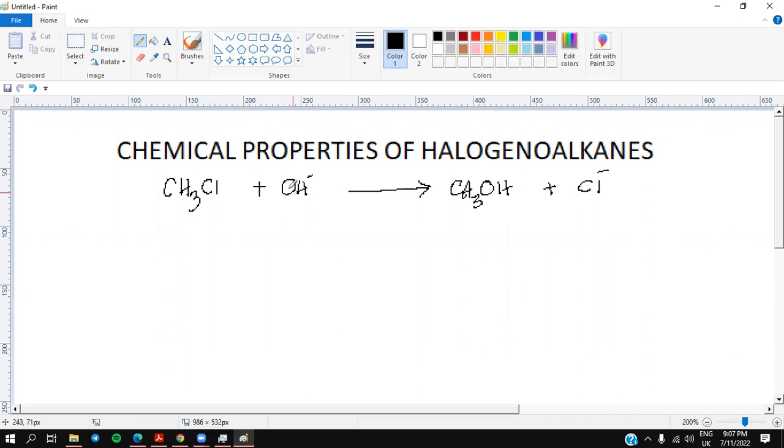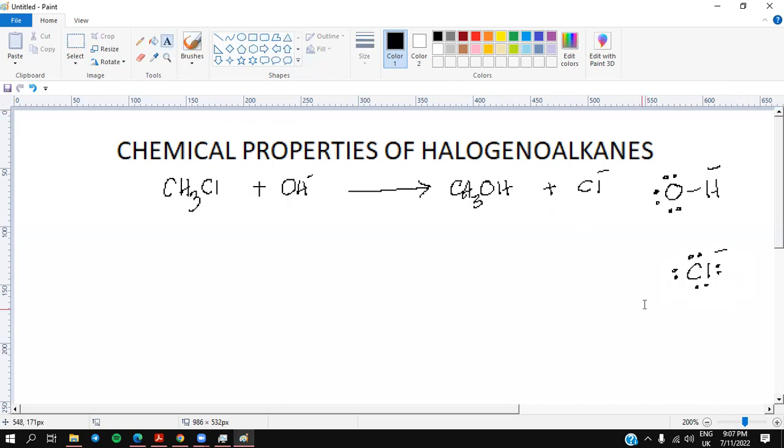This OH negative, if I draw it over here, is OH. The whole thing has a negative charge, and oxygen has 3 lone pairs of electrons. Similarly, if I take Cl minus, Cl minus has 4 lone pairs of electrons.